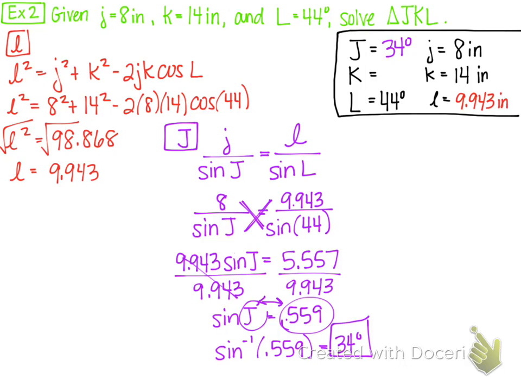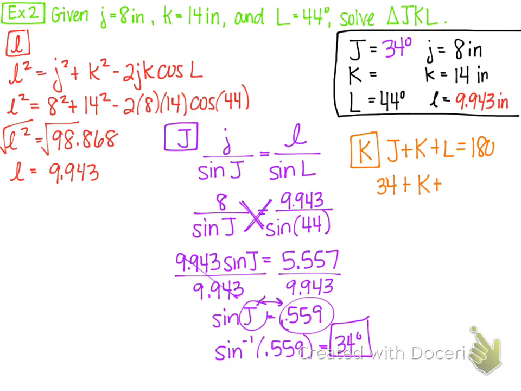And lastly, to find the last angle, simply add the two angles together and subtract them from 180. So we've got big K. We know that big J plus big K plus big L is 180. We just found big J to be 34 degrees. We don't know what big K is.